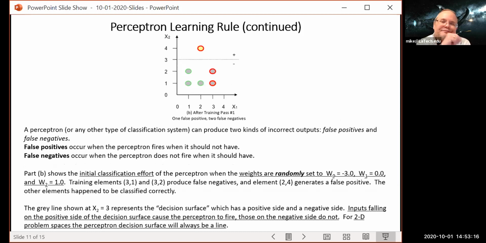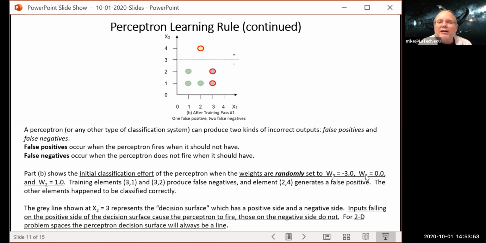So let's look at what the perceptron would do initially. Well, initially I would need to give it some weights, okay? And so what I'm showing up here is what the perceptron would tell me if I give randomly assigned weights of w0 being -3, so in other words, a threshold of 3, w1 being 0, in other words, ignore it, and w2 being 1.